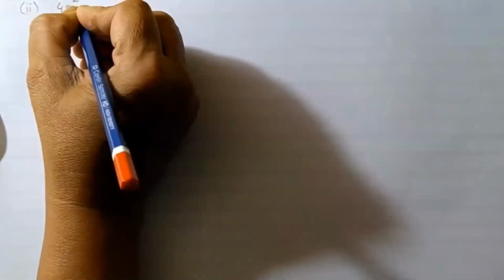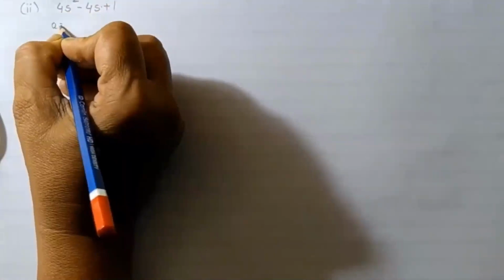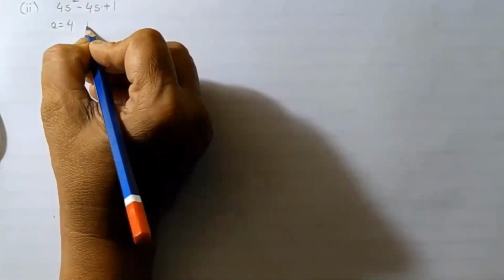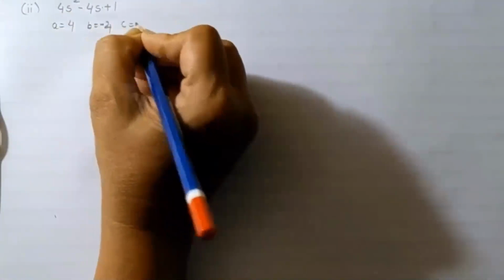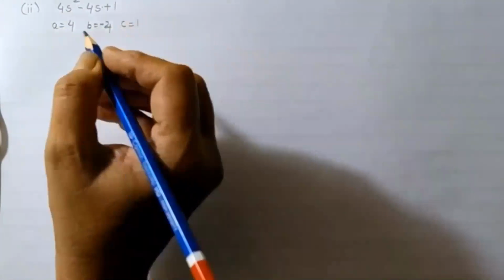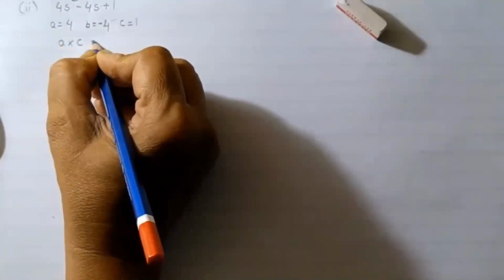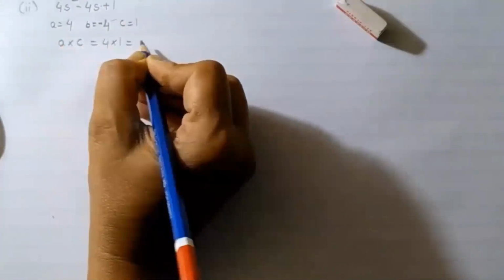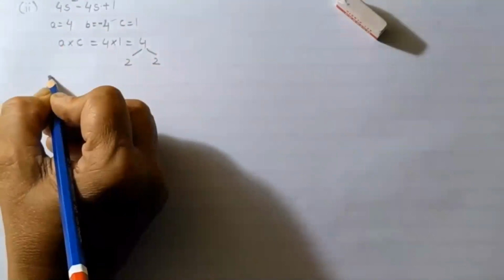Now the second sum, 4s square minus 4s plus 1. A is equal to 4, B is equal to minus 4, and C is equal to 1. A multiplied by C is equal to 4 into 1.